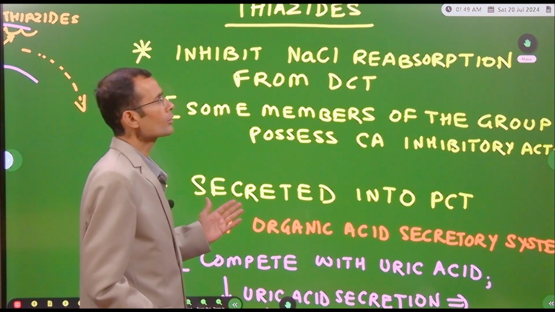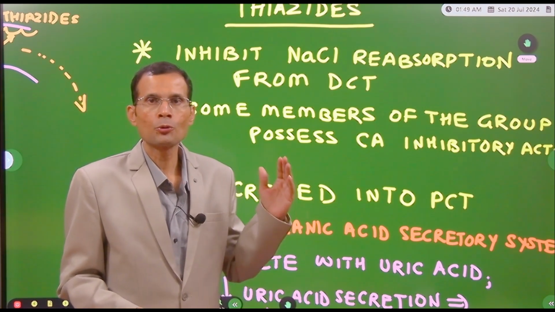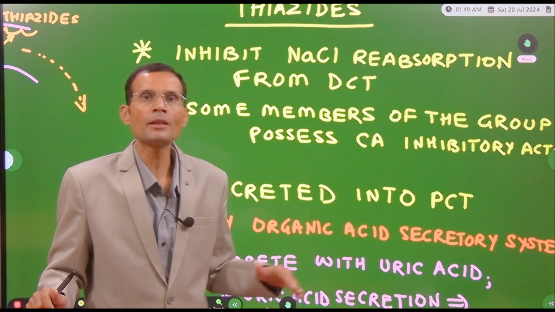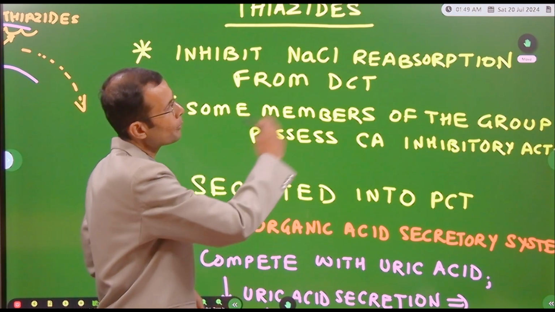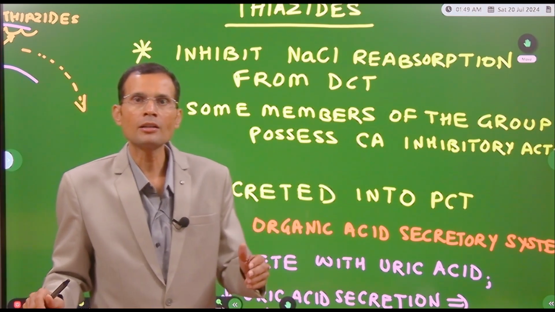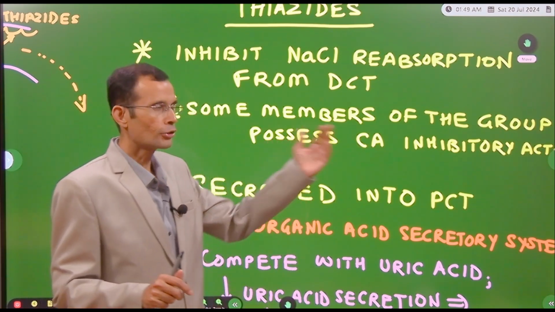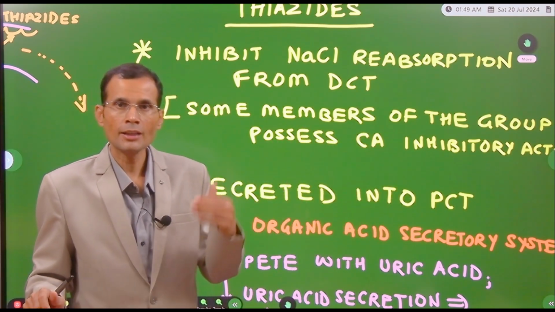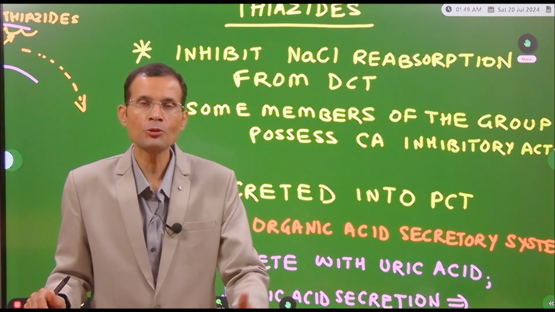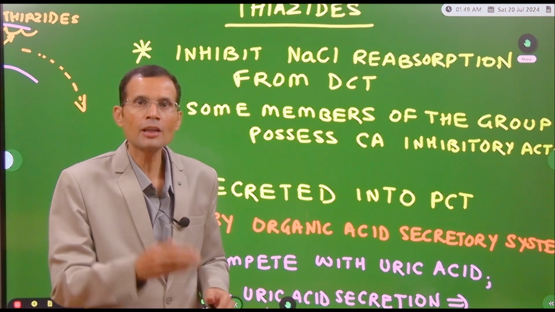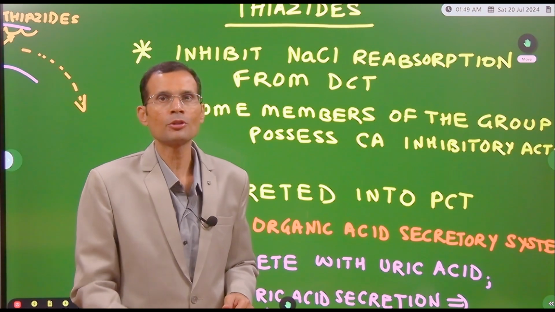And we also talked about how a sodium chloride reabsorption being blocked means sodium chloride delivered to the distal parts of the nephron, and sodium reabsorption load will increase for the distal segments, and there will be natriuresis eventually, sodium loss, and therefore water output increases into the urine.